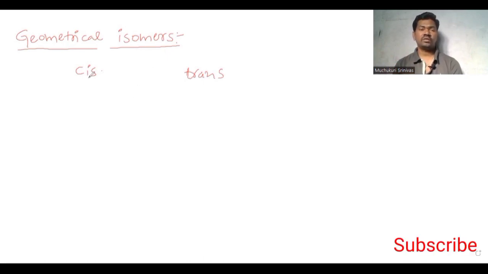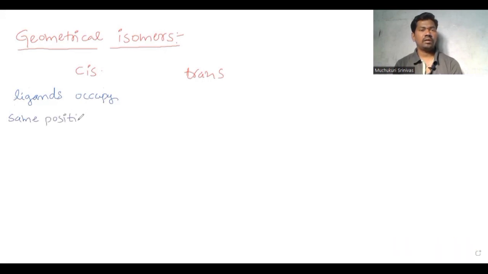So cis isomer means atoms or ligands. Generally, those are called cis when ligands occupy the same position with respect to each other.